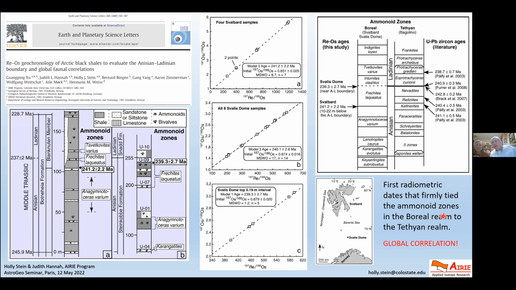So the biostratigraphers, they have different fauna, but they think that this fauna was living there and this here, and they think it's the same time, but here we can actually tie it together around the globe.